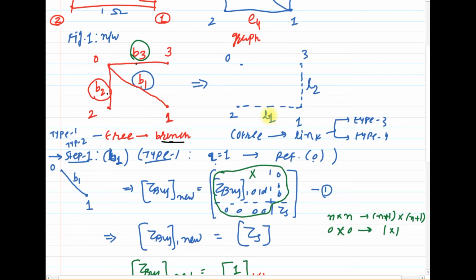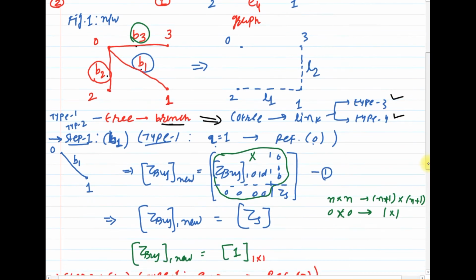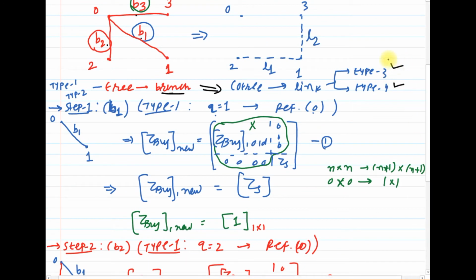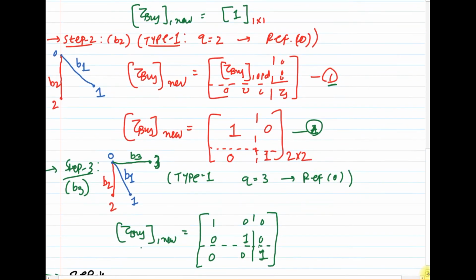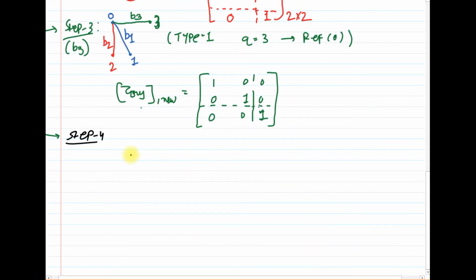Now we will move towards the cotree, links, which is L1 and L2. So yes, same way we have to calculate for the cotree, and that means type 3 and type 4 modification. We will decide which one is applicable for this element. That means for link 1 and link 2.